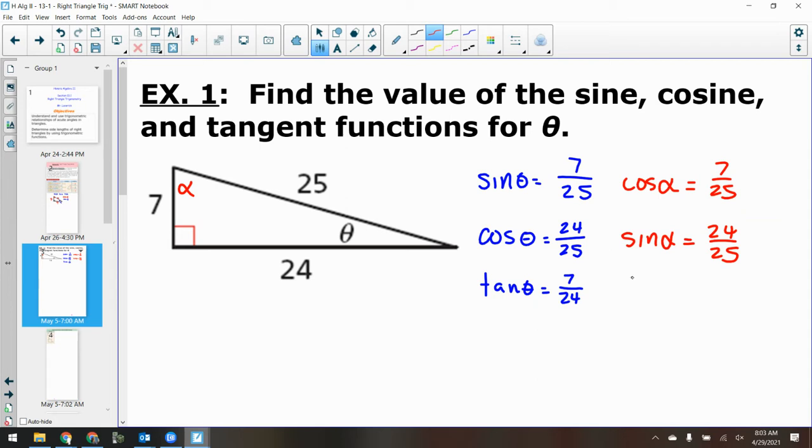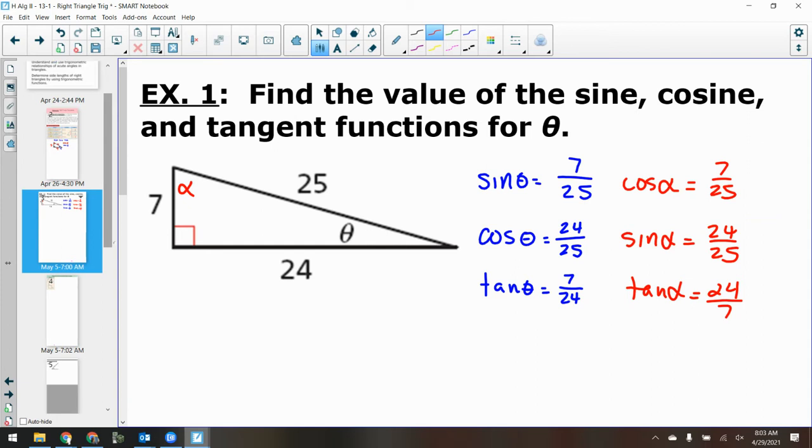What's tangent of alpha? Not the same. The reciprocal. Because the opposites and adjacents will change, right? One's opposite is the other adjacent. So therefore, when you're talking about tangent, it actually just is the reciprocal of the complementary angle.